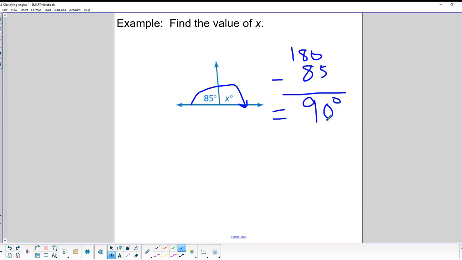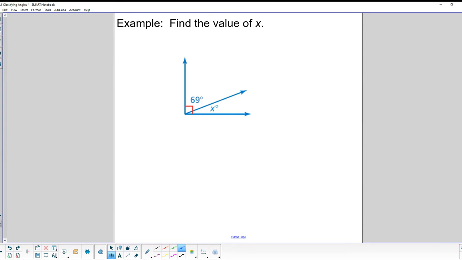Actually, I jumped the gun there a little bit. 180 minus 85, we better do that. So 10 minus 5 is 5, and 17 minus 8 is 9, so it's 95 degrees. So that's what x is. X is 95 degrees. Okay, keep it going.